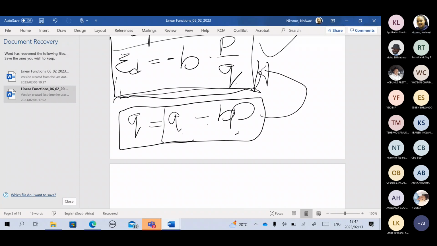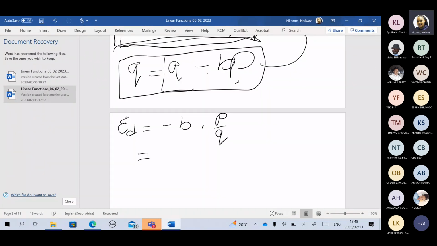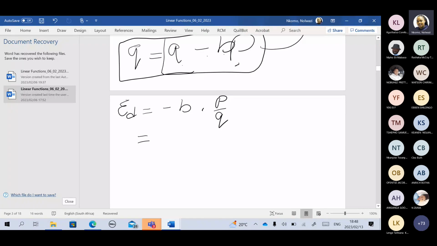Then your elasticity of demand will be in the form of P only. So we have E is equal to minus B times P over Q, and Q is equal to A minus BP. So this means we have minus B times P over A minus BP.